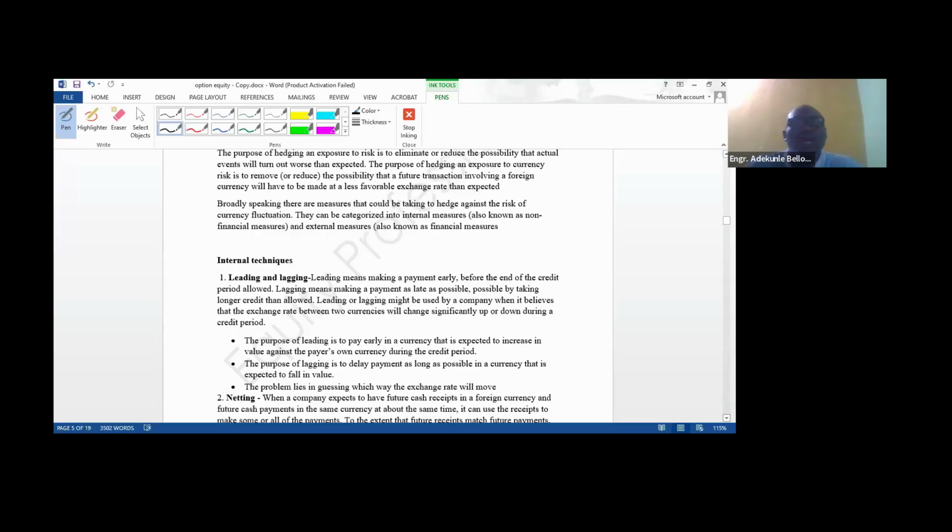Number 2 method, netting. Netting implies that when a company expects to have future cash receipts in foreign currency and future payments in the same currency, your foreign receipts can be used to net off your foreign payments.